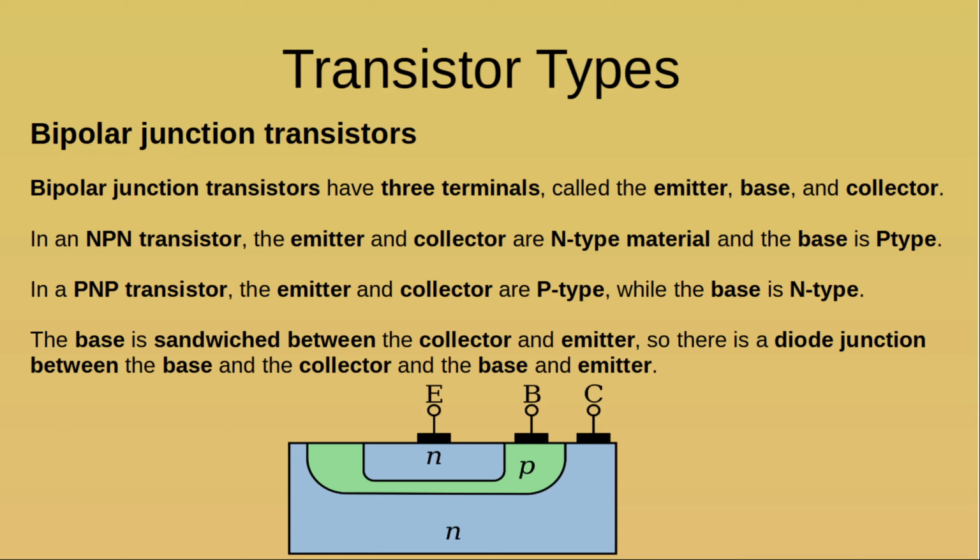But because of the physics in there, the current through the p-n junction of the base to the emitter will allow current to flow from the collector to the emitter, the N through the P to the N. I'm not going to go into the physics of how that actually works, because I don't understand it. I'm not even sure I did in college.